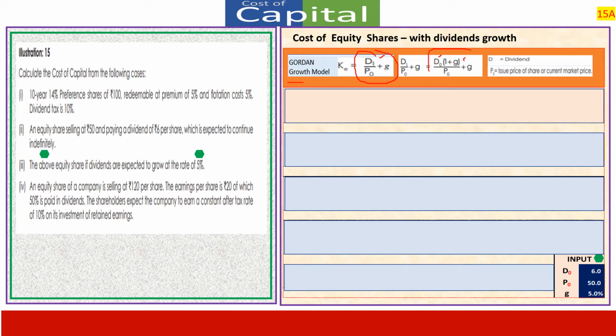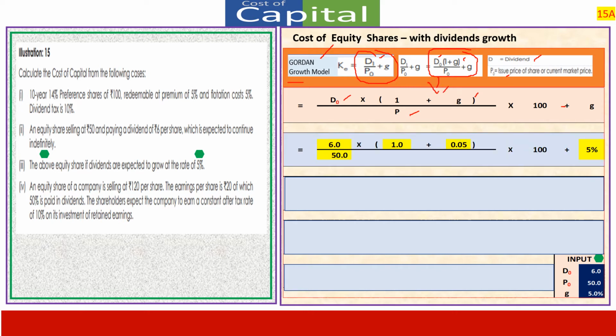This is the final equation which we need to use in respect of Gordan. Though his formula is D1 by P0 plus G, here D1 means D0 into 1 plus G divided by P0 plus G. D is dividend, P is price issued or the current market price. It is simple to work out. D0 into 1 plus G divided by P into 100 plus G. This is the formula as we adopt from here.